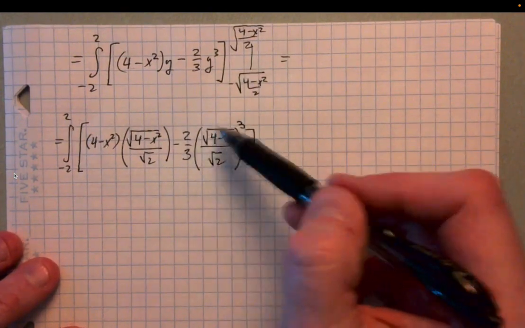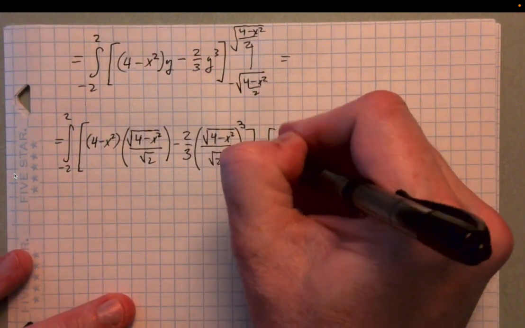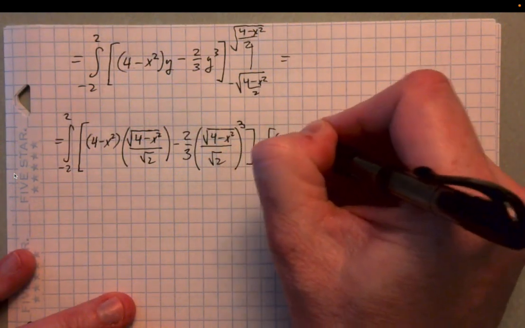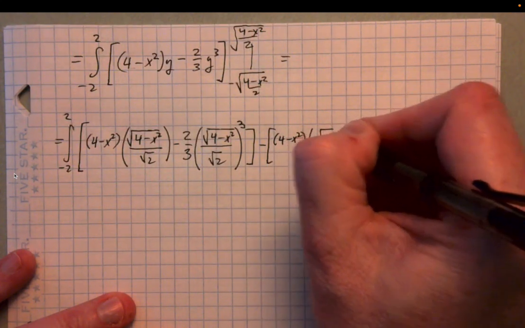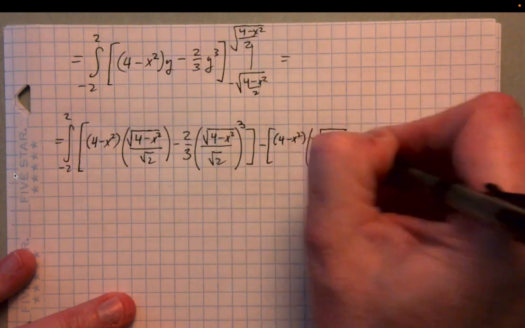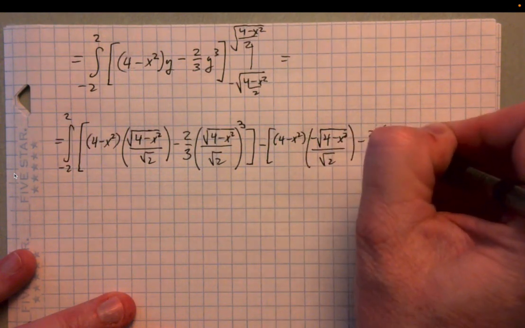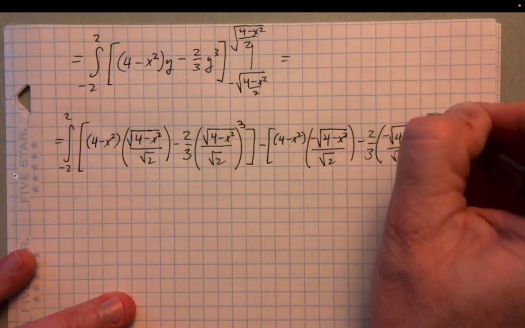So this again is your y cubed. You've got to plug this in for y. Okay, and then we have to do the same thing at the bottom. And so we get (4 minus x squared) times negative square root of (4 minus x squared) over the square root of 2, minus 2/3 times negative square root of (4 minus x squared) over square root of 2, cubed.